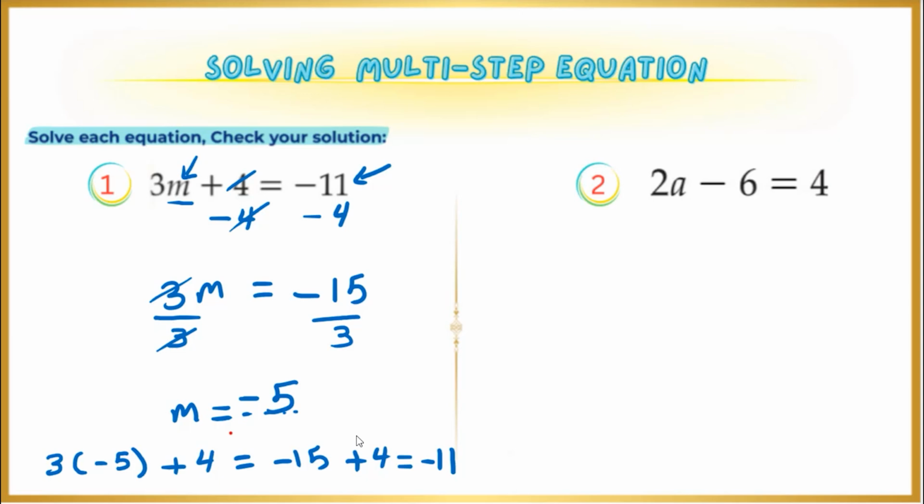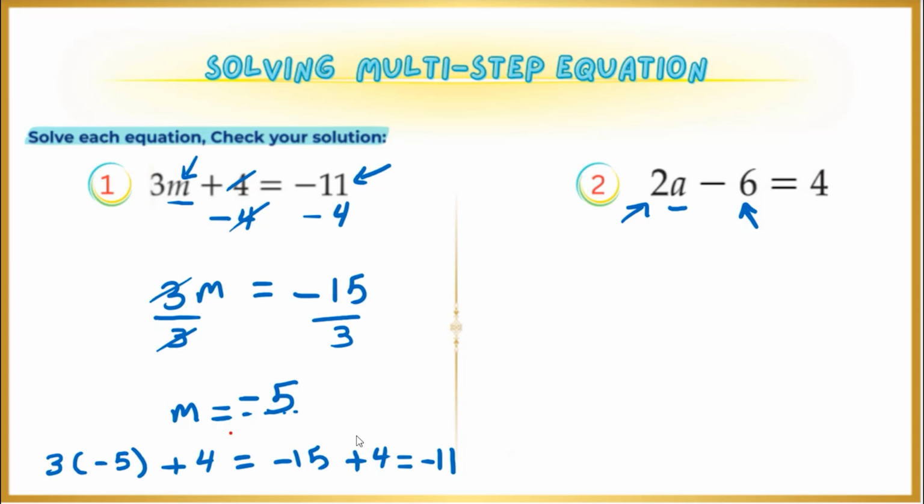Question number 2. 2a minus 6 equals 4. Where is the variable here? The variable is a. Which numbers are around a? We have 2 and 6. We need to cancel 2 and 6, but like we said before, we start with the farthest one from the variable. Okay, the farthest is 6.